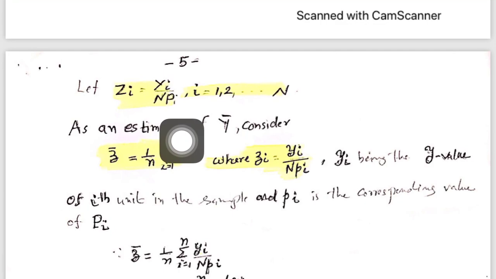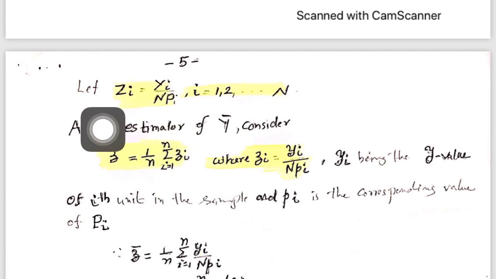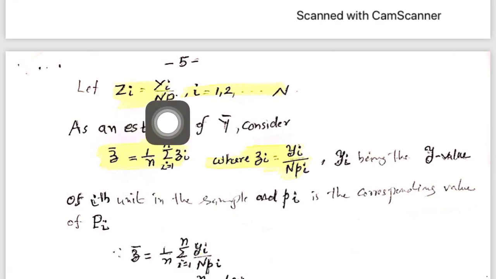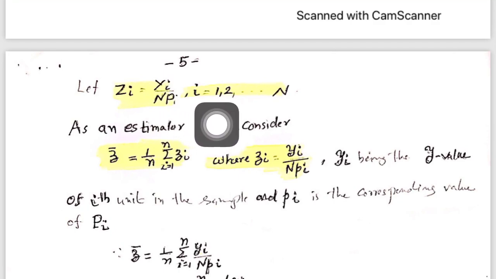For the purpose of estimation, we first define a population value Zi, which is equal to the Y value of the unit i divided by the total number of units capital N times the probability that that particular ith unit is selected, and it is defined for all i.